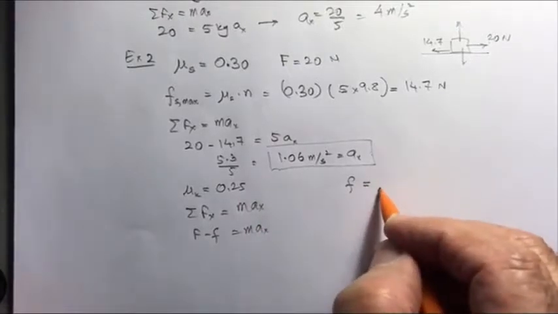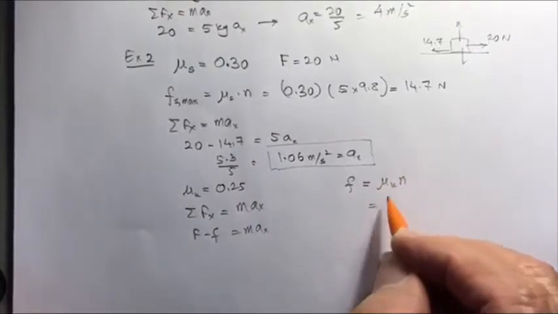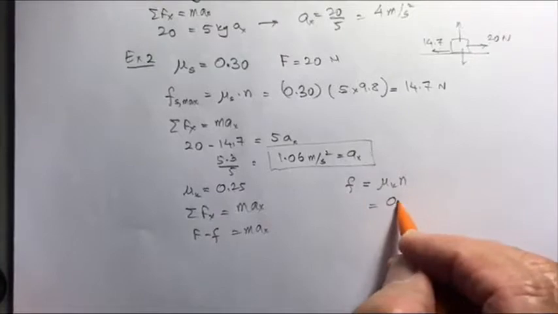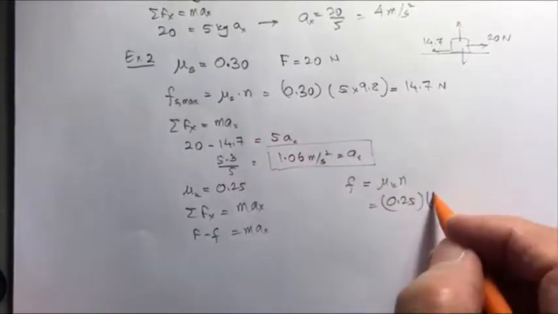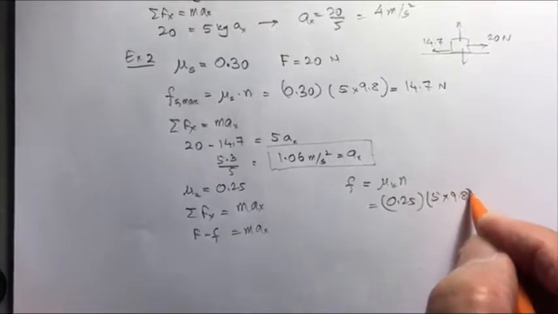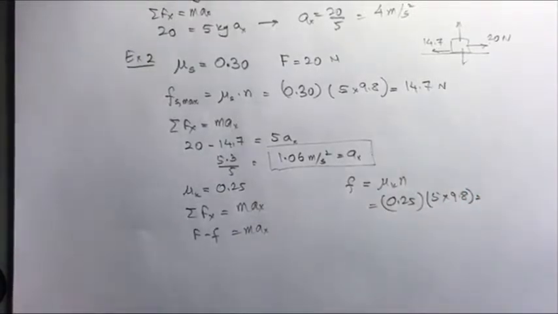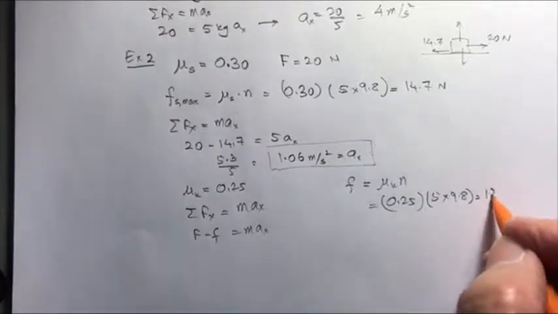The friction is going to be mu k times N, which is 0.25 times the normal force, which is 5 times 9.8. So that is 5 times 9.8 times 0.25, it's 12.25.